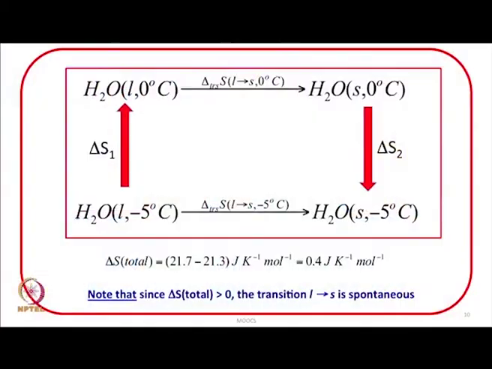and that is what is commented over here, that since delta S total is greater than 0, the liquid to solid transition is spontaneous. So, this problem once again highlights the significance of the second law of thermodynamics in demonstrating the spontaneity of a process.